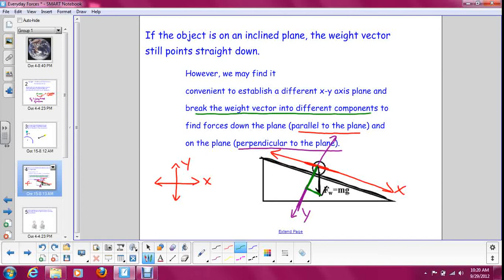If you stop and look at this for just a second, you'll notice that one side of this triangle is now on our y-axis, and the other side is now on our x. So we now have our y here and our x here. All we did was take that force of gravity vector and break it down into components, its y piece and its x piece.